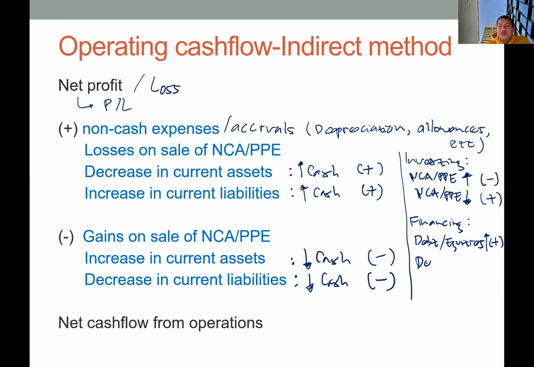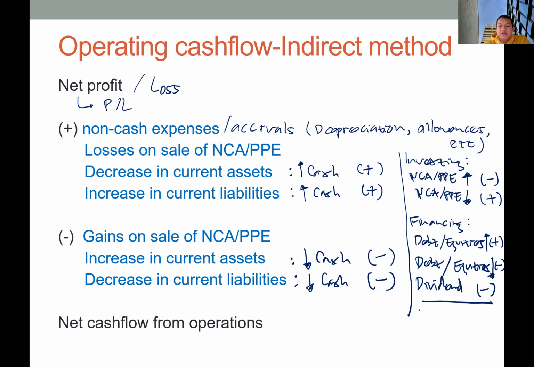And if we see a declining trend of these two accounts, then we should deduct this from the net cash flow from operation. Lastly, the cash dividend. If we have cash dividend, then we should deduct this from the net cash flow from operation.